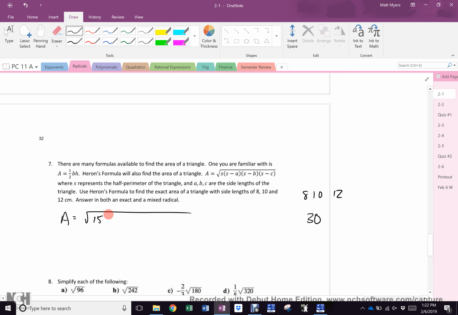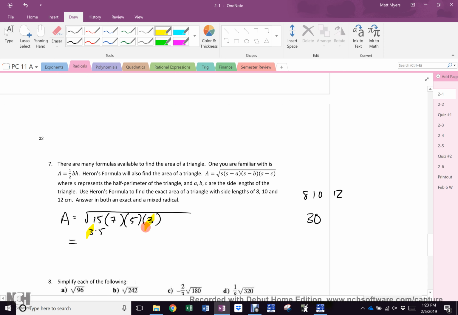So it's 15 times 15 minus A. 15 minus 8 is 7. 15 minus B is 5. 15 minus 12 is 3, right? So, as a radical, this is 3 times 5, correct? Everyone agree?